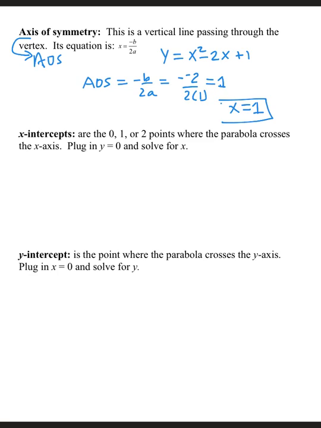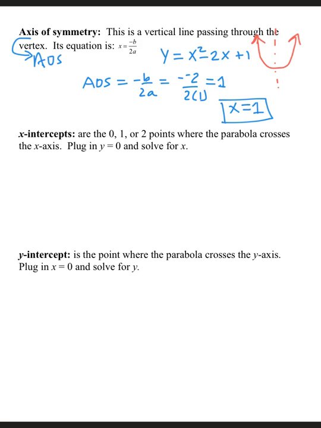That is the axis of symmetry. If we want to visualize it, if this is the vertex, it's the line where the graph is going to be passing through. So this is the axis of symmetry. It divides the graph into 2 equal portions.